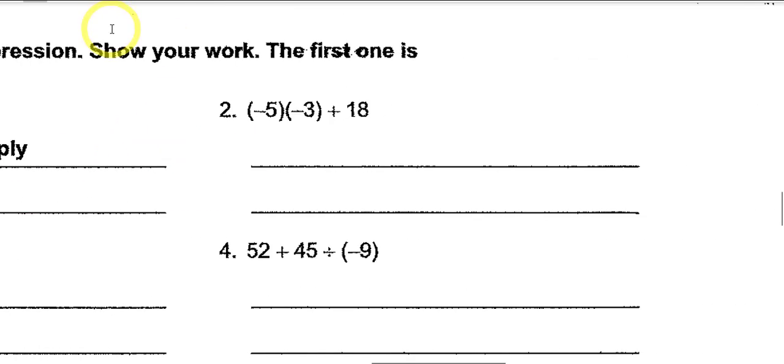Okay. Number 2, we have multiplication and addition. So notice that before I start the problem, I identify what operations are in the problem so I can do them following the order of operations. So multiplication comes before addition. -5 times -5 times -3 is going to equal a +15.